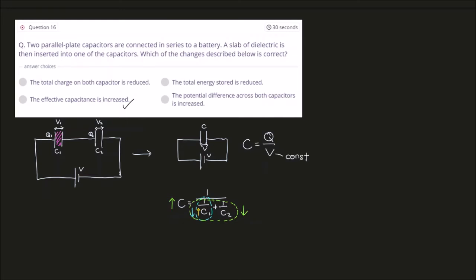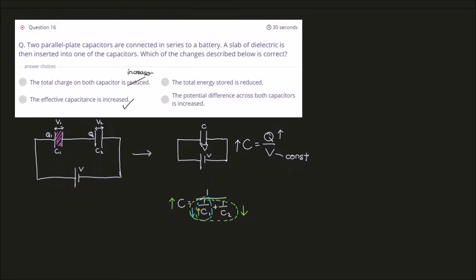There's only one battery and you don't change anything about it, so V should be constant. But we have proved that the equivalent capacitance increases. So with the increase of equivalent capacitance, the charge should also increase. So the total charge on both capacitors should actually increase, not reduce.